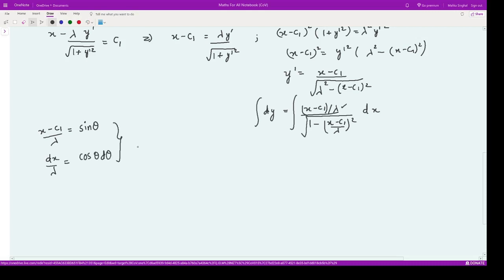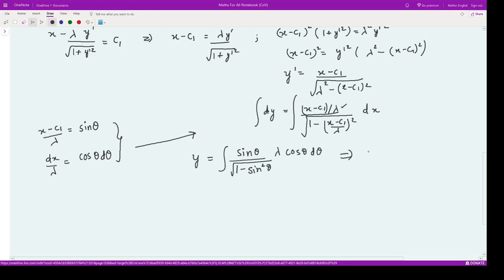Substitute these values back into this equation. We have y is equivalent to integration of sine of theta divided by square root of 1 minus sine square theta, and in place of dx we can write it as lambda into cos theta d theta.